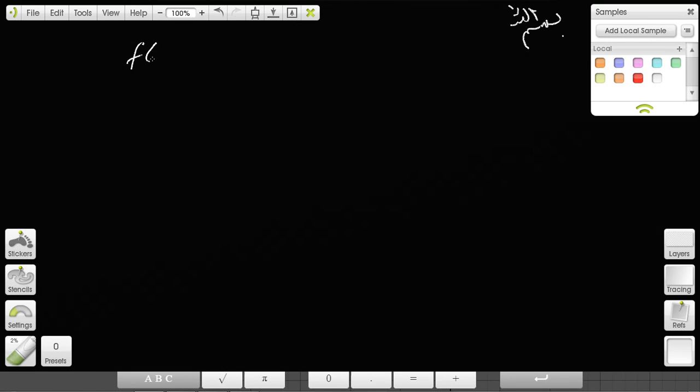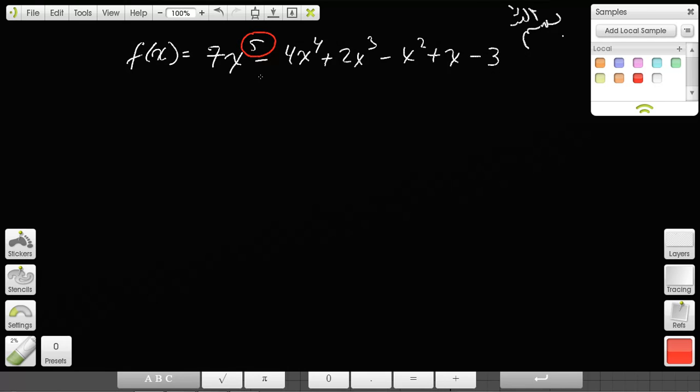So the first thing we have to do is the example I gave, for example, 7x to the fifth minus 4x to the fourth plus 2x cubed minus x squared plus x minus 3. This is a polynomial function of fifth degree, and in all good manners we arrange the degrees in descending order.